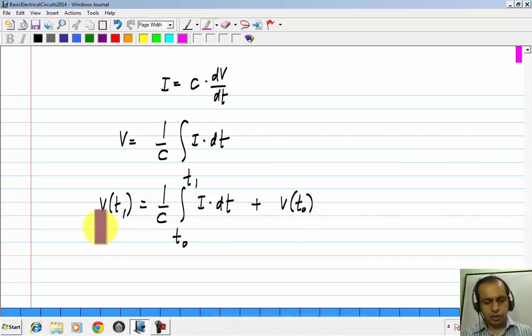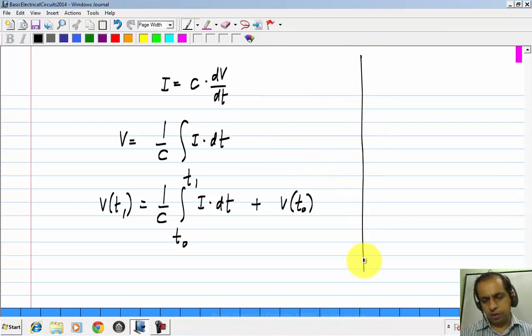That is, the change in the voltage between T0 and T1 is the integral of the current, which is the charge accumulated between T0 and T1, divided by the capacitance C.